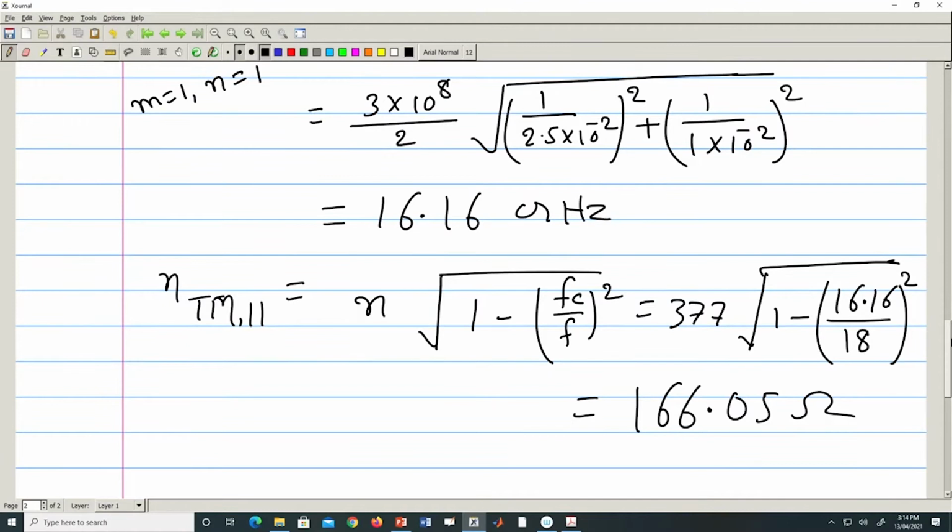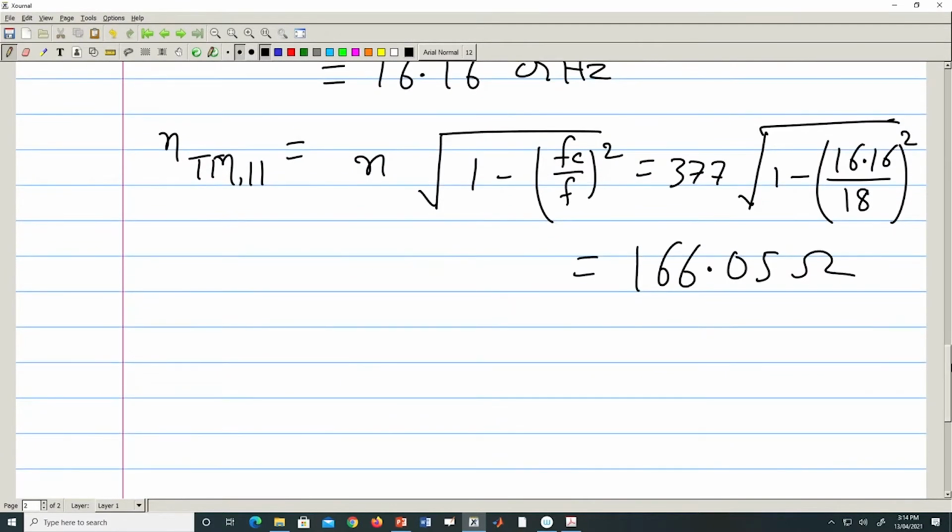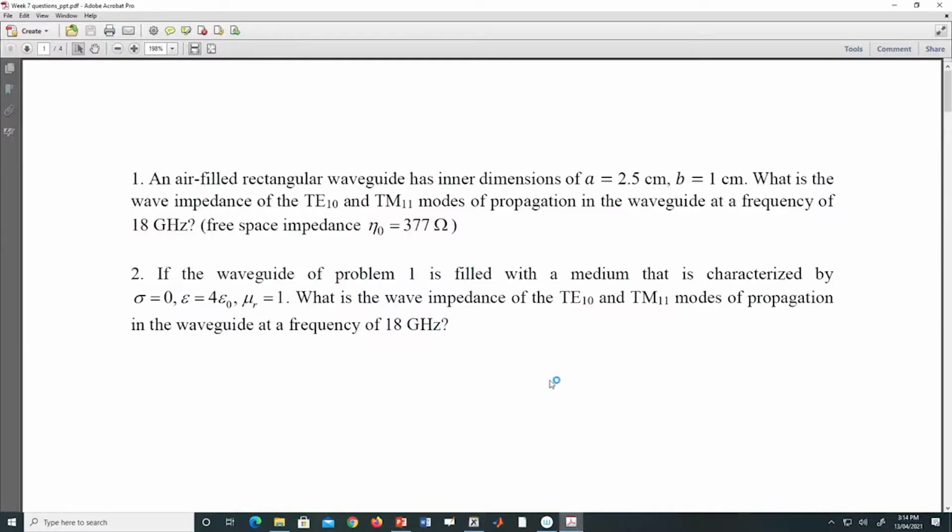If the waveguide of problem 1 is filled with a medium that is characterized by sigma equal to 0, epsilon equal to 4 epsilon naught, mu r equal to 1. Now, this means the air-filled rectangular waveguide of problem 1 is filled with a material that has relative permittivity 4.